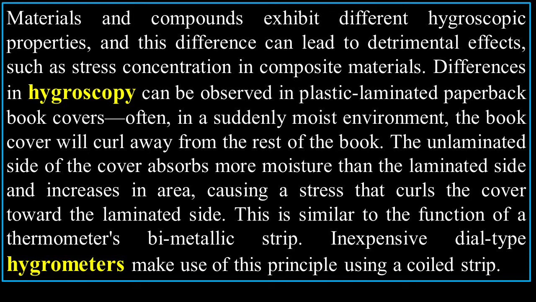The unlaminated side of the cover absorbs more moisture than the laminated side and increases in area, causing a stress that curls the cover towards the laminated side. This is similar to the function of a thermometer's bimetallic strip. Inexpensive dial-type hygrometers make use of this principle using a coiled strip.